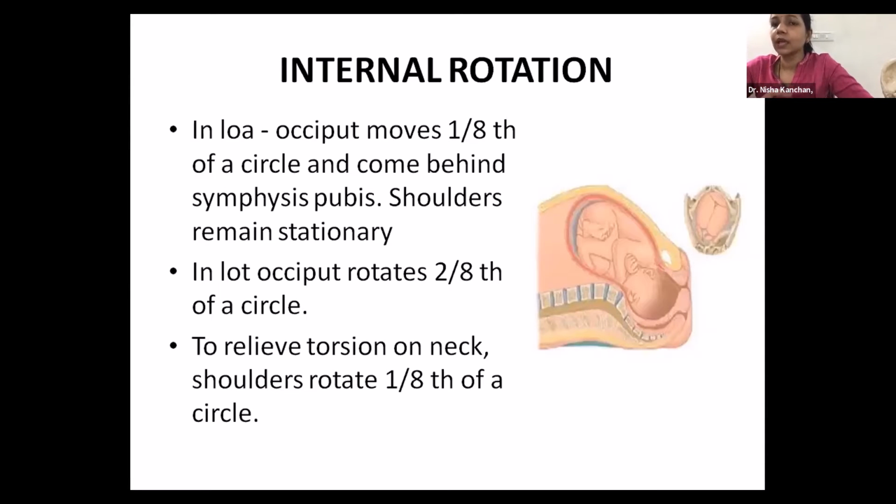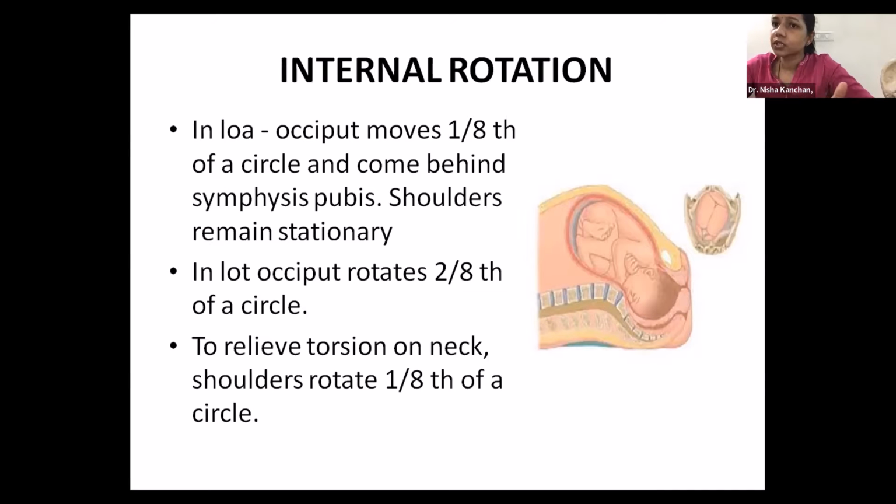In LOT, the occiput rotates 2/8 of a circle, or 90 degrees. When there is 90-degree rotation, there is a strain on the neck, and the neck cannot sustain that strain. So the shoulders will move another 45 degrees. To relieve torsion on the neck, the shoulders rotate 1/8 of a circle. So this is the difference between LOA and LOT.